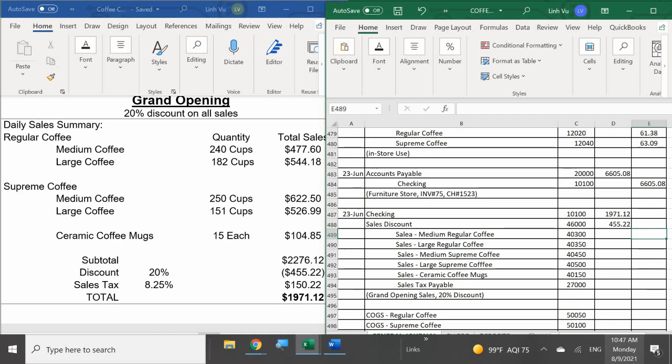How much was my sales for my medium regular coffee? Is it 498?